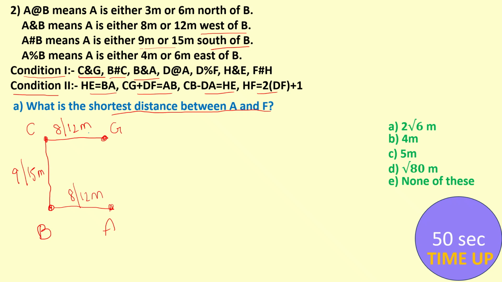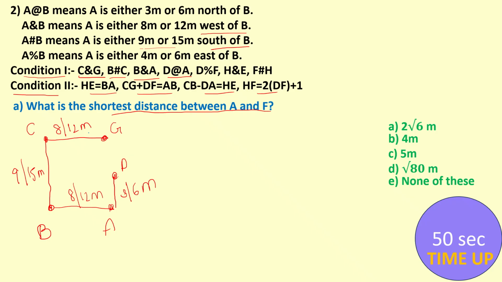Correct? Next, D at A. D at A means D is north of A, by 3 meter or 6 meter. So slightly lesser than this I draw. So if this is D, it can be 3 or 6 meter.